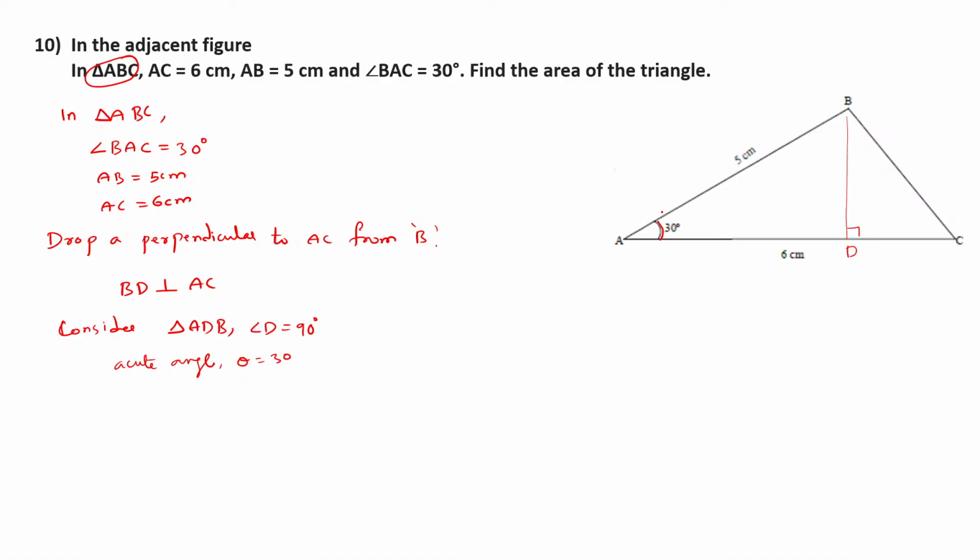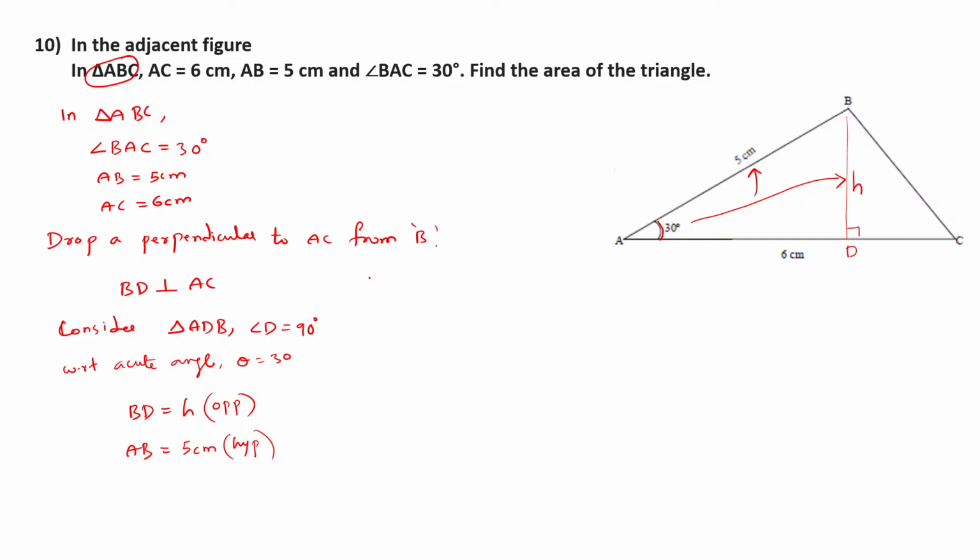Now with respect to this acute angle, BD is the opposite side, and AB will become the hypotenuse. So with respect to acute angle theta, BD equals h will be the opposite side, and AB equals 5 centimeters will be the hypotenuse.